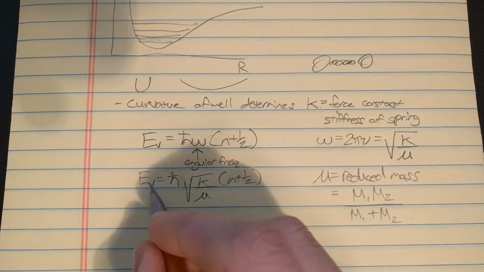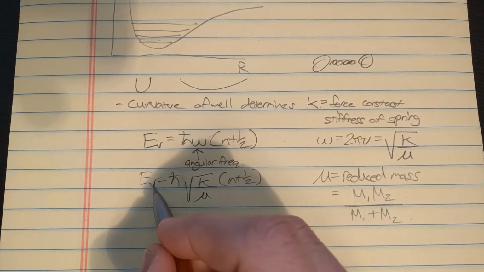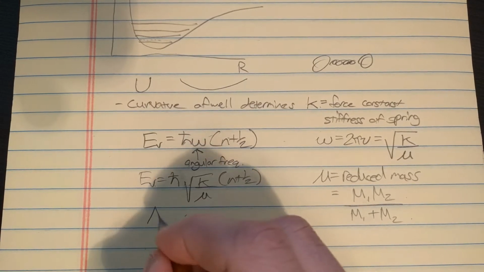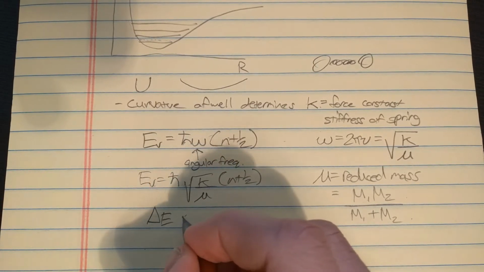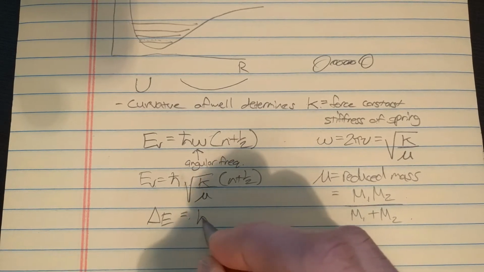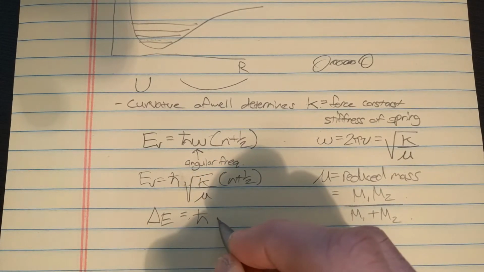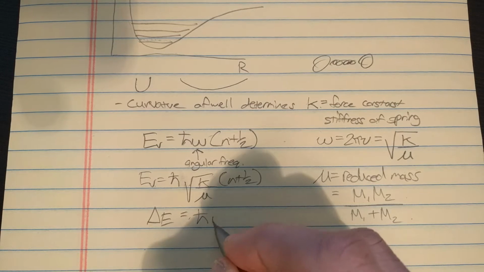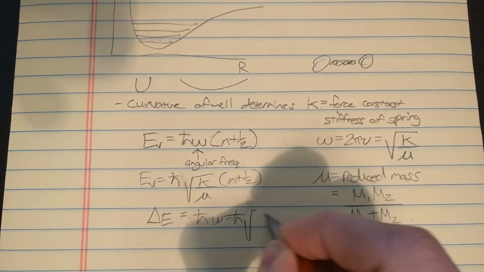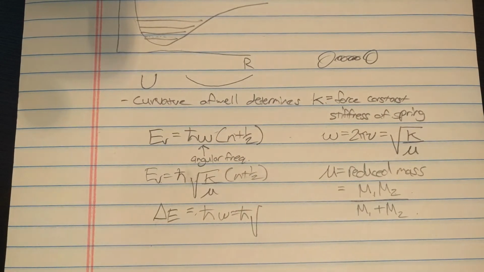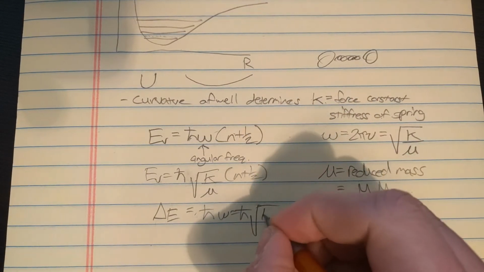Now if we take the difference between one vibrational energy level and the next, we would get h bar omega, or h bar square root of k over mu.